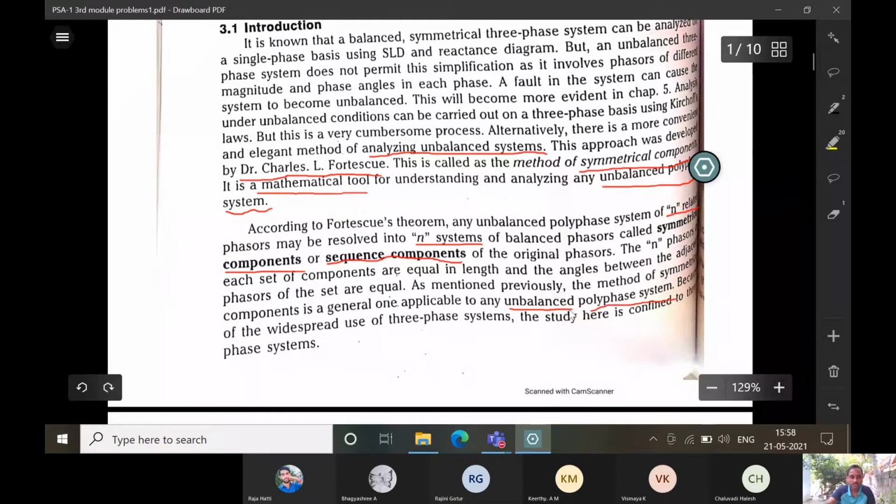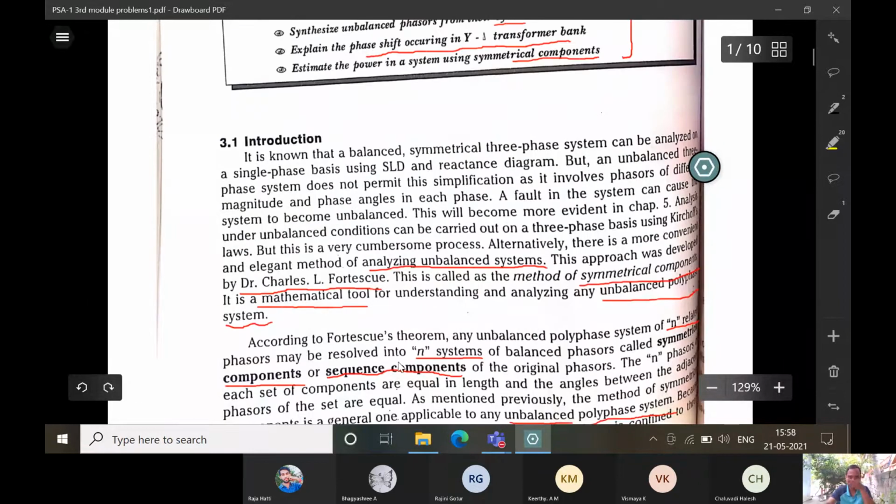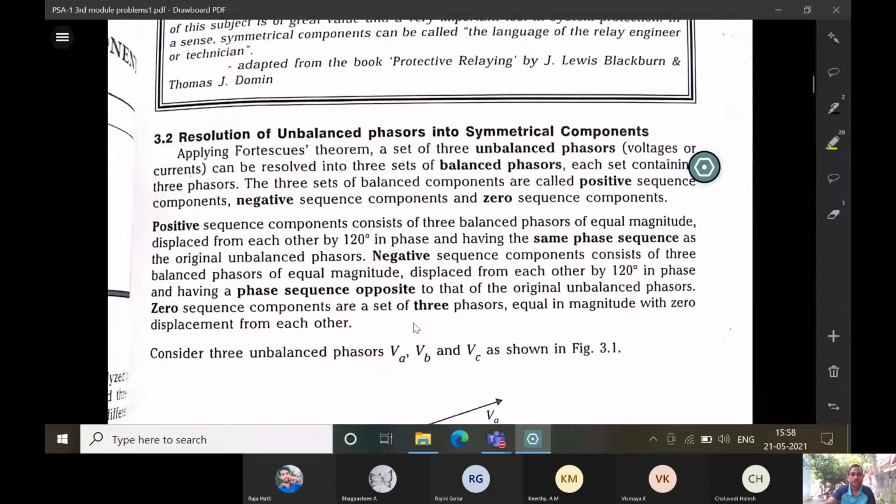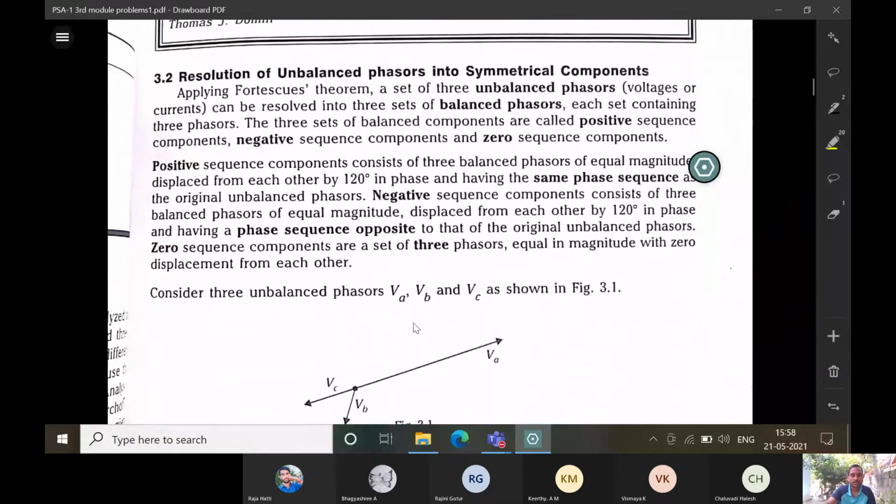Because of the widespread use of three-phase systems, the study here is confined to the three-phase system. So, resolution of unbalanced phasors into symmetrical components.